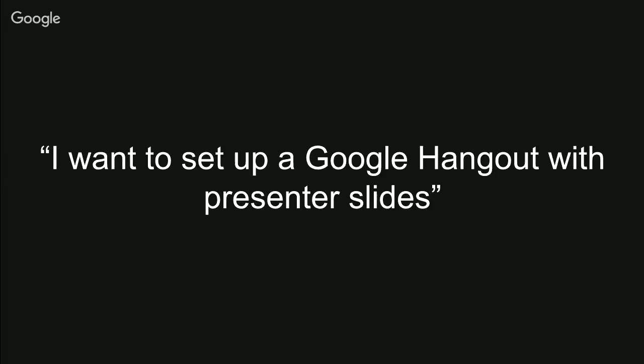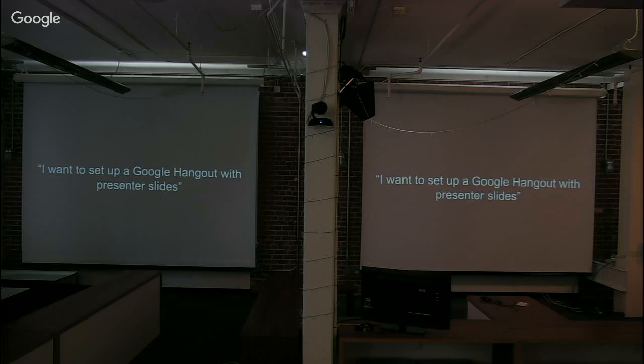So say your slides are up on the presenter laptop up here, so that goes out to HDMI B. So you just select B on AV Bridge Control, and that'll send out your slides to the Hangout. Say you're done showing your slides, you just want to show the audience camera or stage camera, you would just select stage camera or audience camera.